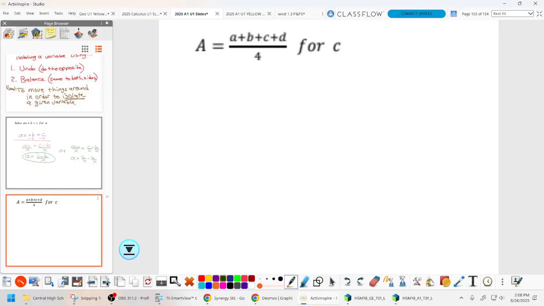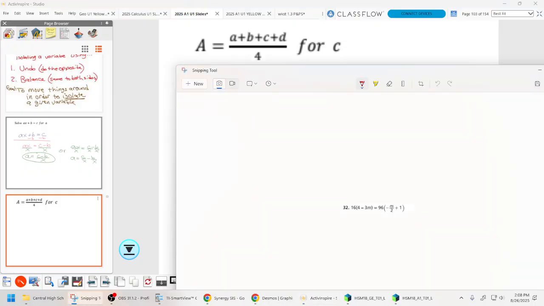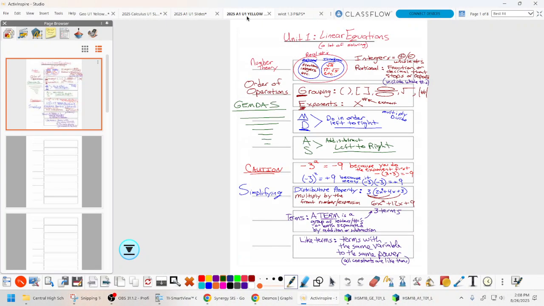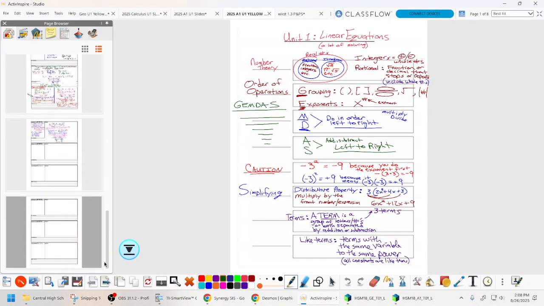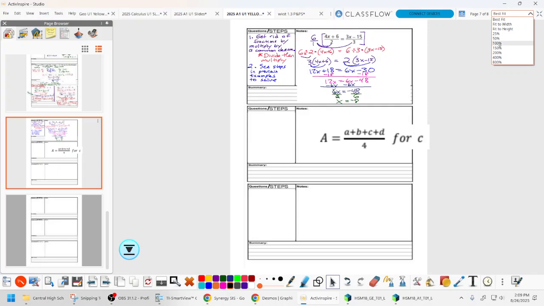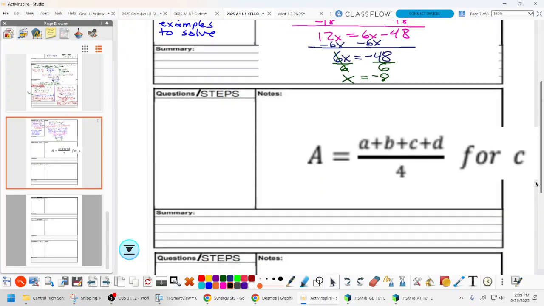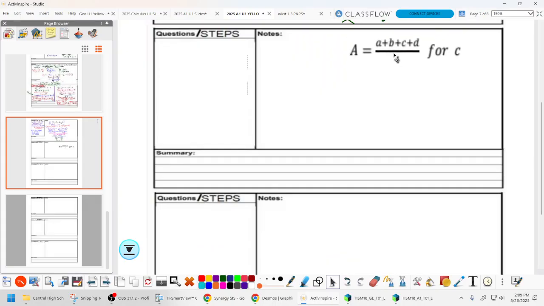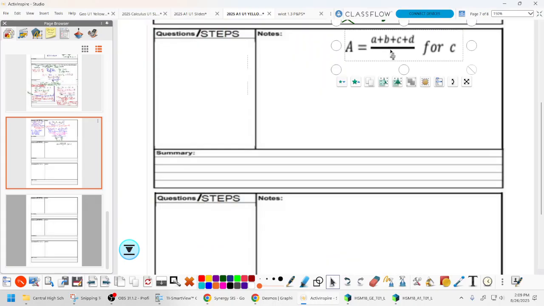So let's grab this one to your note packet. I'll give you time to write it before we start. You do need to add the word solve in front of this.